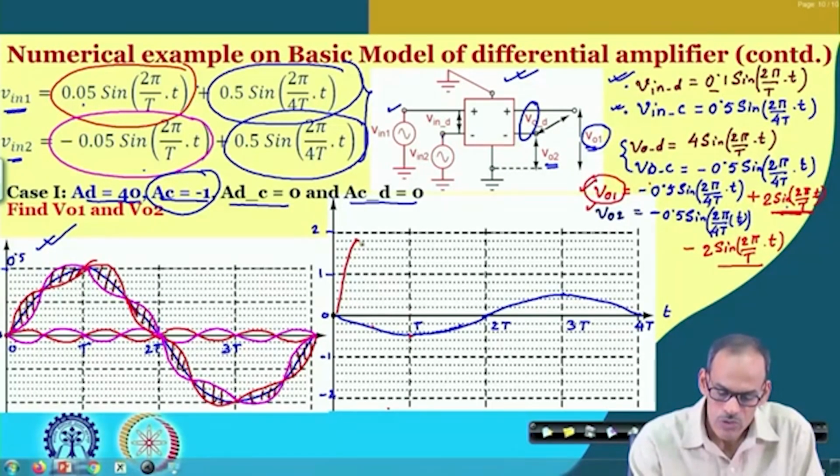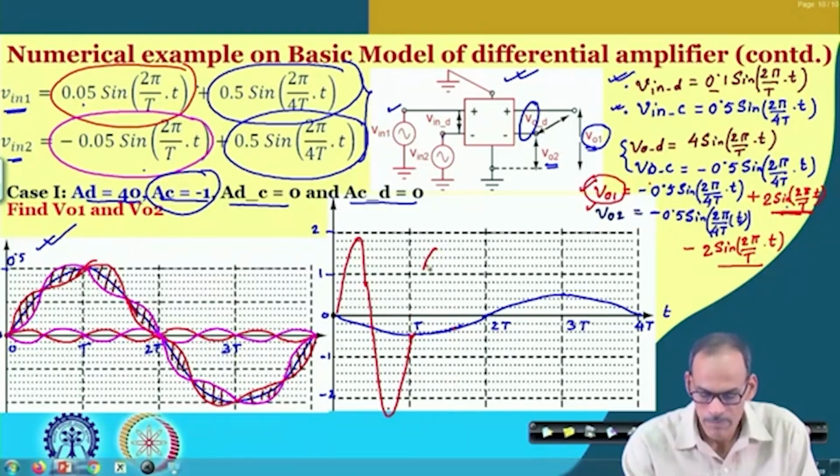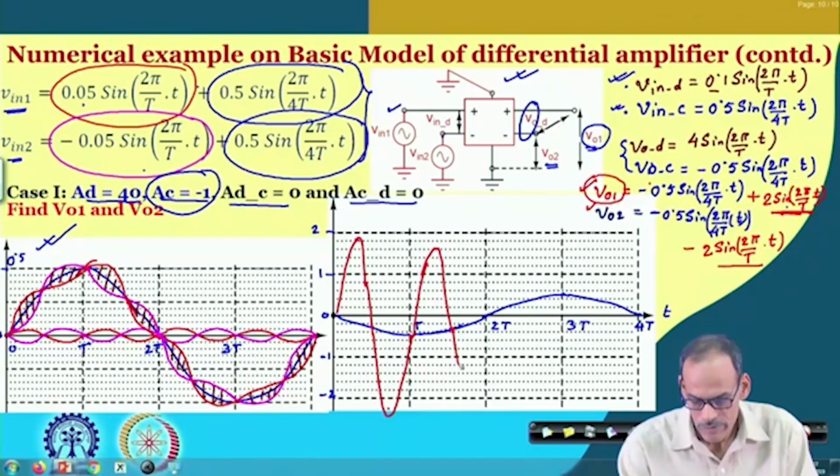So, it will not reach 2 volt, it may have a slightly smaller value compared to 2 volt, because the common mode part exists. Likewise here again, this part will not really go to 2 volt. So, it goes like this. Okay.